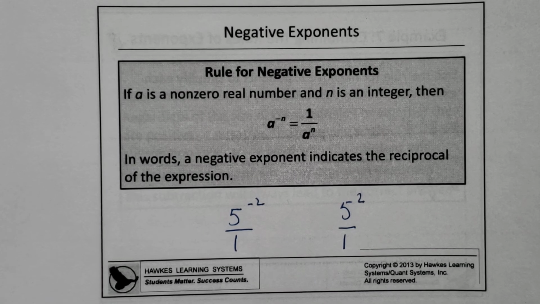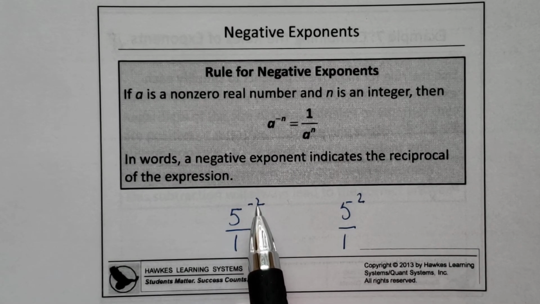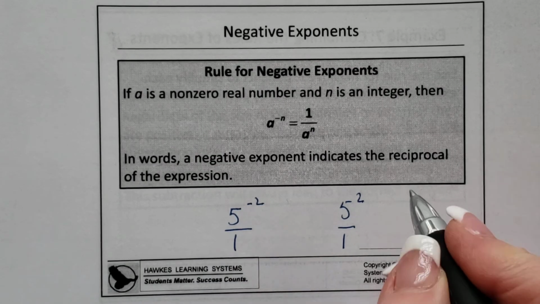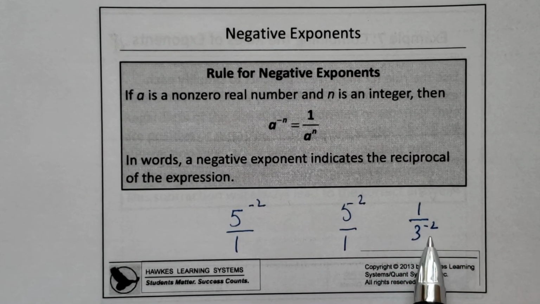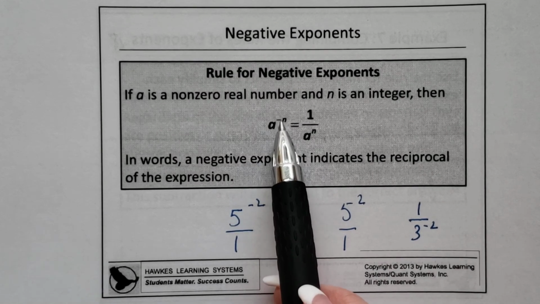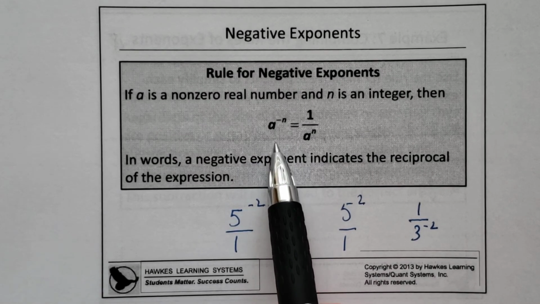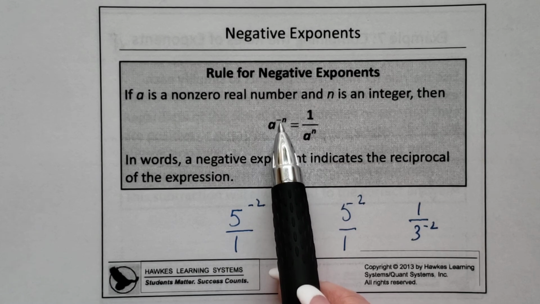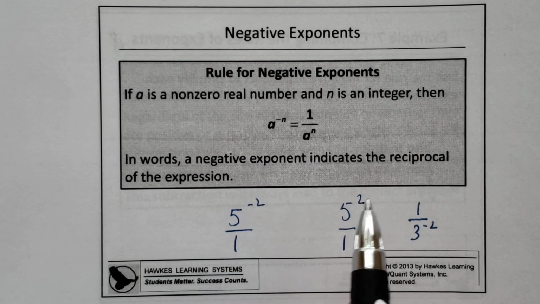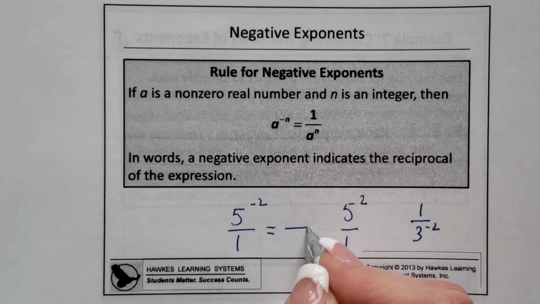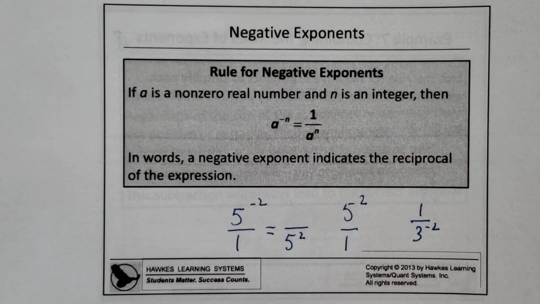So if we have a negative exponent, whichever side of this line it's on, so here it's on the top, I could write something like this, where my negative exponent would be in the denominator. In order to make it a positive exponent, you're going to flip it from wherever it starts. So this starts in the numerator, a over 1. To make that a positive exponent, you drop it down to the denominator. So 5 to the negative 2nd, it's in the numerator right now. I'm going to drop it down to the denominator, and my negative sign goes away.